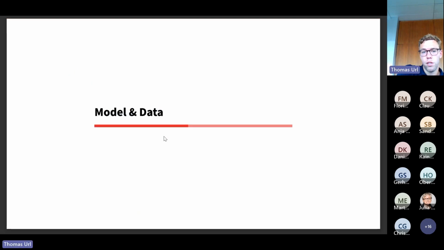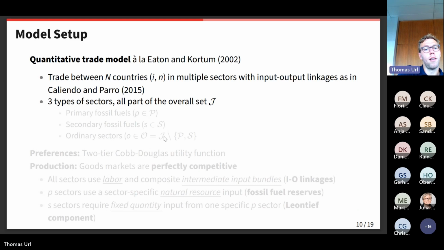So let me introduce you to the model, a little bit of math. We build on the quantitative trade model of Eaton and Kortum 2002. It's a Ricardian trade model. We have trade between N countries, indexed by lowercase i and n, in multiple sectors with input-output linkages, as in the work of Caliendo and Parro.